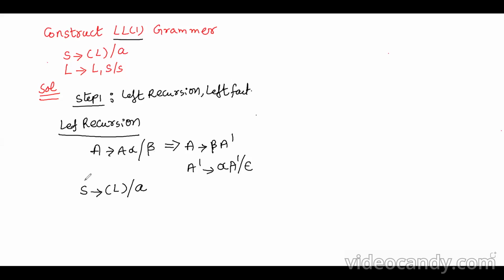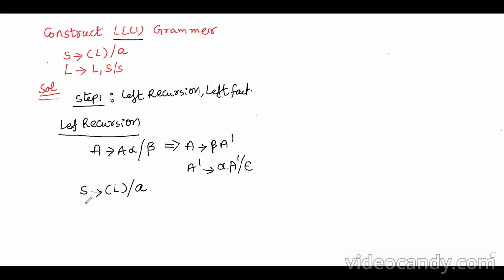This is called A, this is called A, and this whole thing is called alpha. Now remember, this point must be the same. But here I have S, and here I have open bracket. Hence we can say this production is not in left recursion.